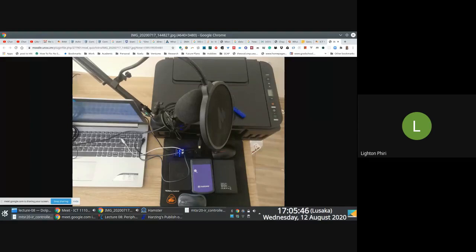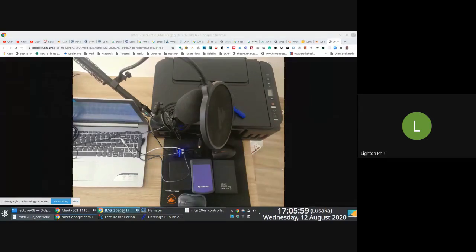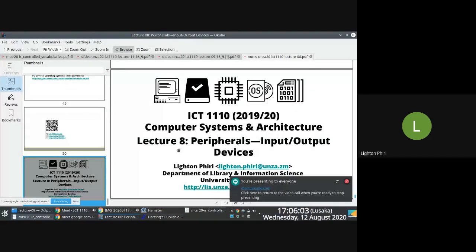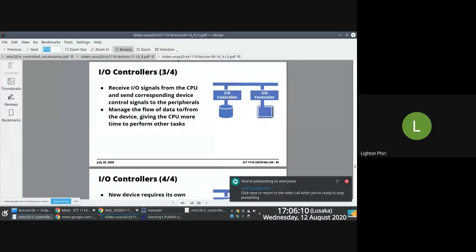Besides these, and besides the mouse, what if I wanted to add more things? Let's say I wanted to add an additional 100 peripherals to the computer system. Would I be able to do that? I don't know if people have any responses here. Perhaps maybe not. Those are things to think about, I guess.